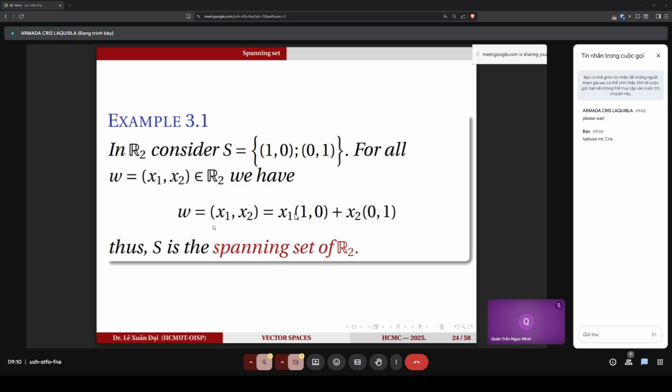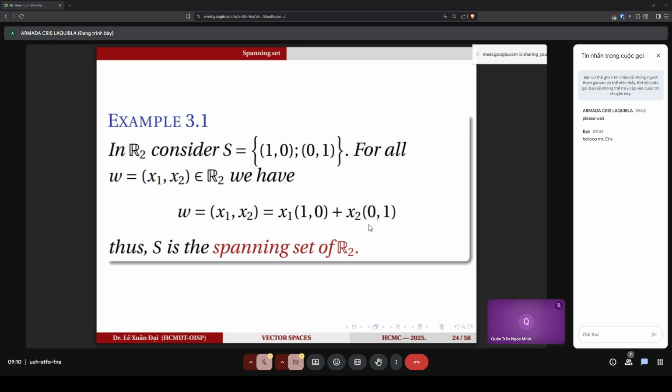So we will do that every time we have two vectors in our set S. Your x1 here is your lambda 1 and your x2 is your lambda 2 from the previous slides.